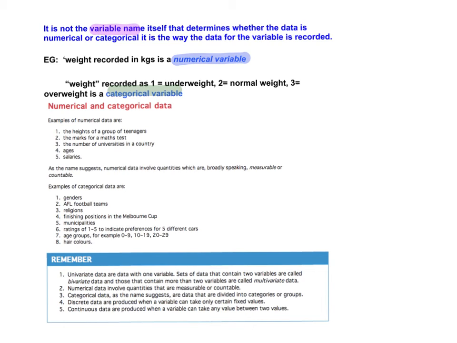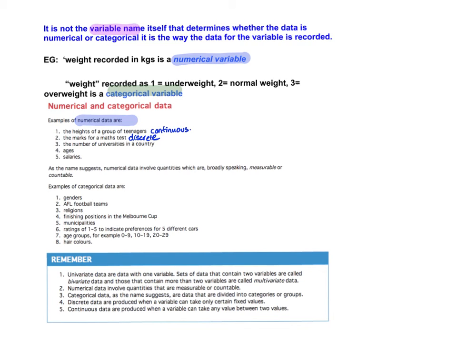If we go through a couple of these examples of numerical data: the height of a group of teenagers is numerical, measured, continuous. The marks on a maths test would be counted up, so that one would be discrete.